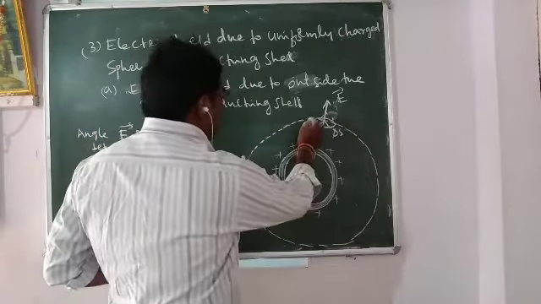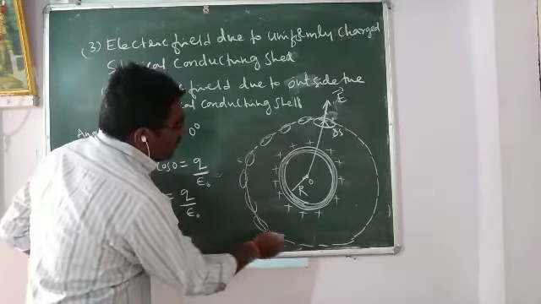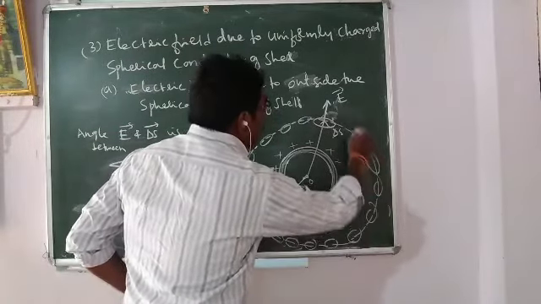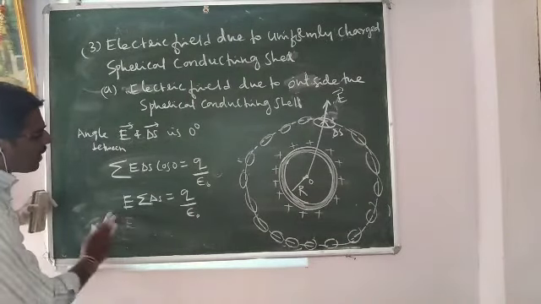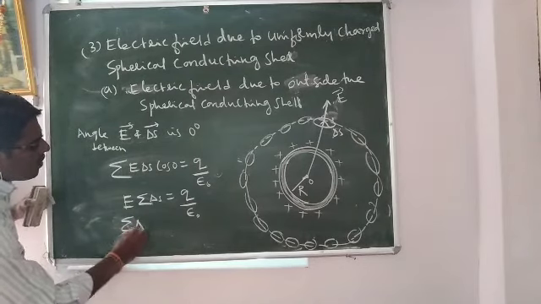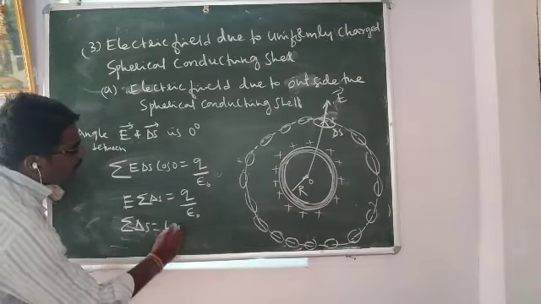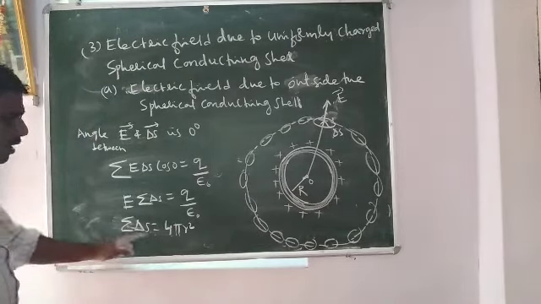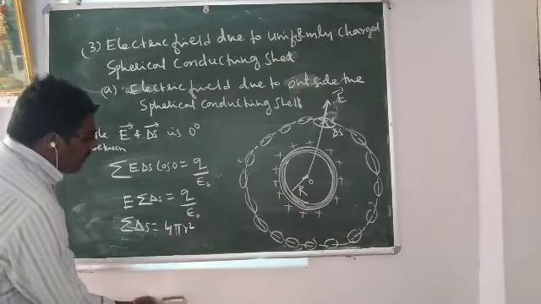This Gaussian surface is made up of a large number of delta S. Summation of all these area elements must be equal to the area of the spherical Gaussian surface, which is 4 pi r square.